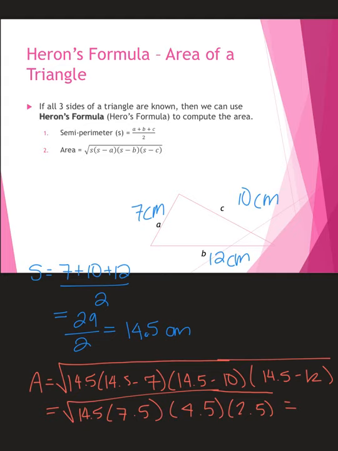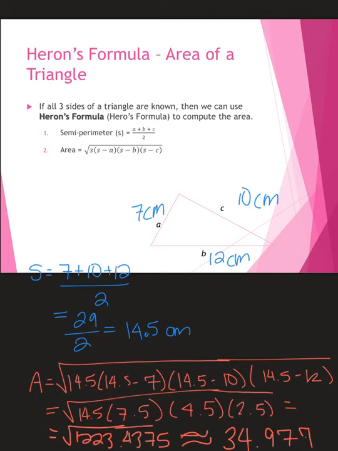This equals the square root of 1,223.4375. And then take the square root, and that's going to give us an approximate answer here of 34.9777 square centimeters.